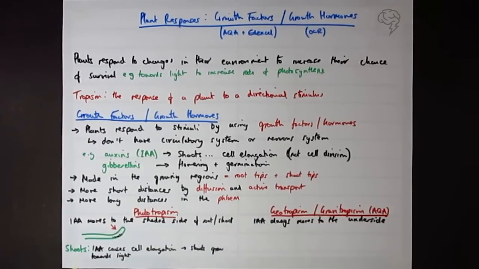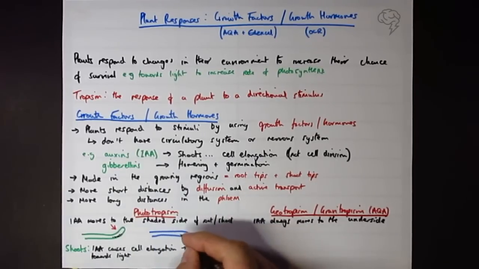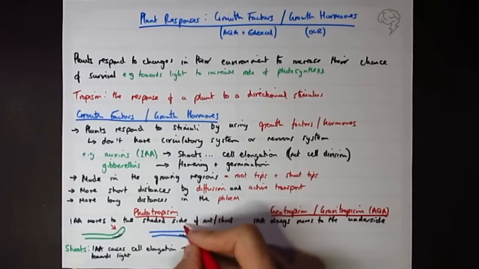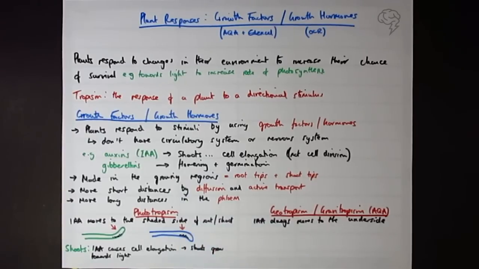So in roots, you might have guessed at this point, we don't want roots growing towards the light. So if we've got light coming from a similar angle, it's going to cause the opposite effect in roots. So IAA always is going to move to the shaded side. The IAA is still in the shaded side, and we've still got light coming from above. But in roots, it has the opposite effect. So it's not going to cause cell elongation.